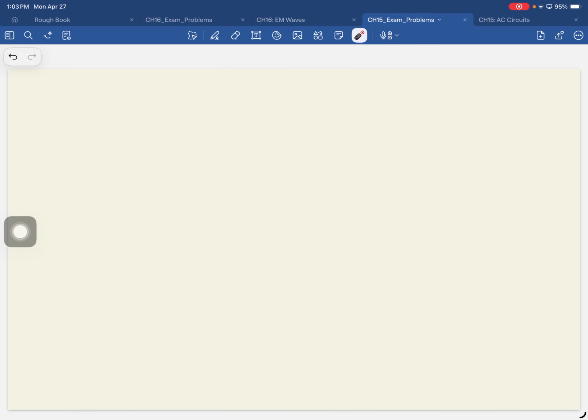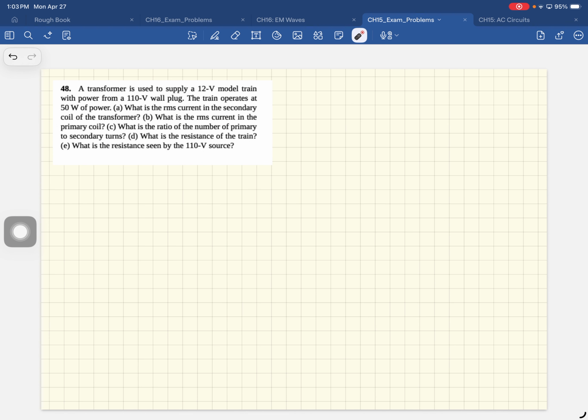All right, one last problem. This says a transformer is used to supply a 12-volt model train with power from a 110-volt wall plug. And that's an RMS voltage. The peak voltage coming out of the wall is 170 volts.